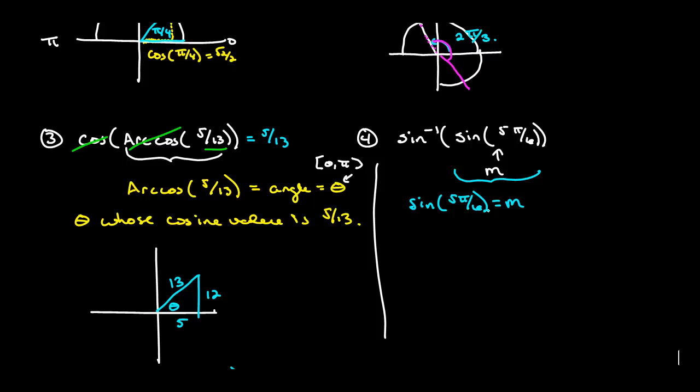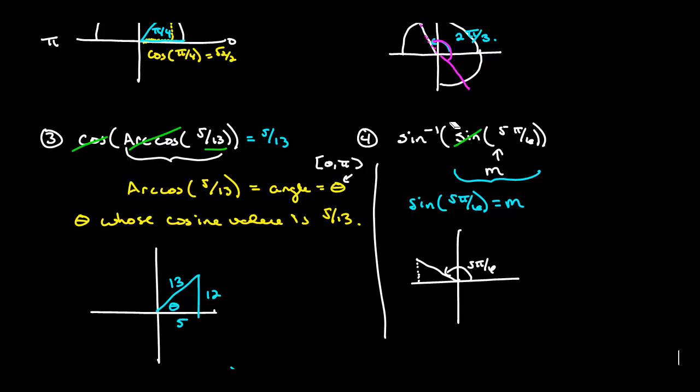Let's draw a picture of that out. Here's 5 pi over 6 right down here. What you're going to see is that we can't just cancel this with this.